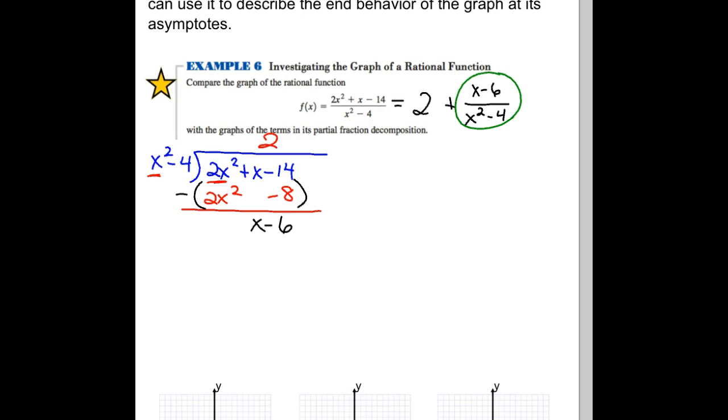So go ahead and set up your pieces. Think about how x squared minus 4 factors.